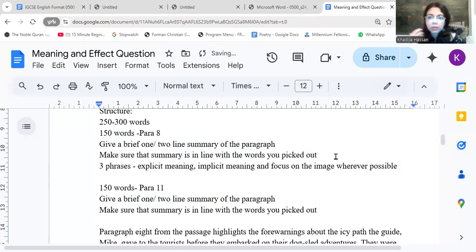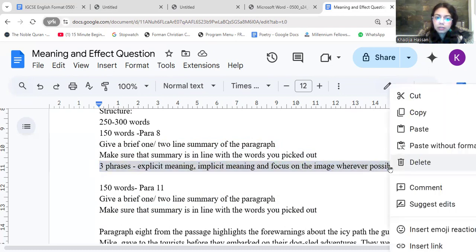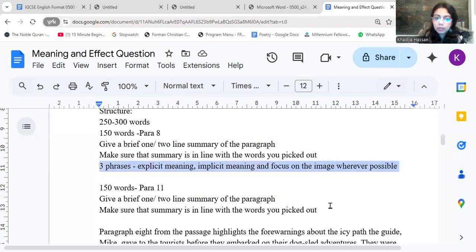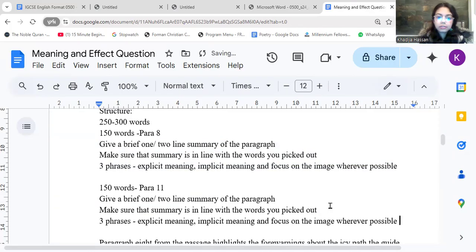Right. So focus on why the writer decided to create that image or write about that image. You can include that in the implicit meaning, right? So the same thing you're going to be doing for your paragraph 11 as well.